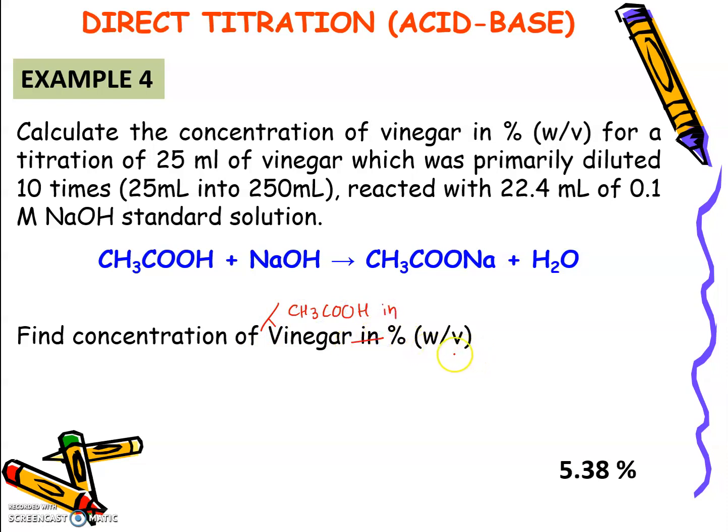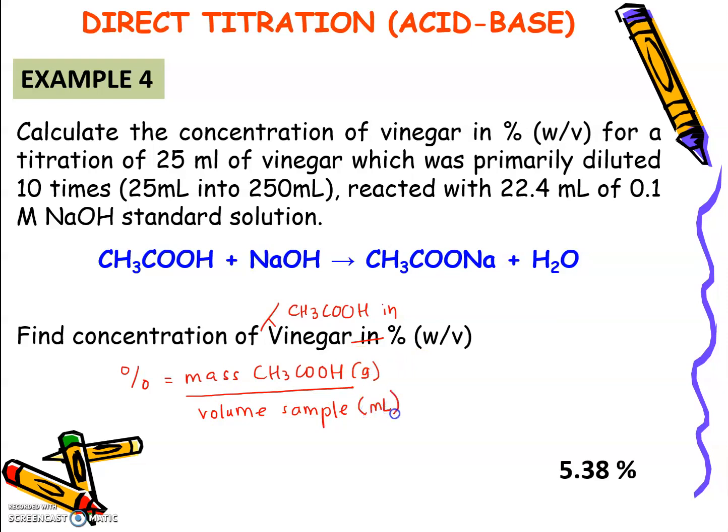percentage weight per volume. The question asks for percentage weight per volume, which means mass of acetic acid over volume of sample, with mass in grams and the volume of vinegar sample in ml, times 100%.